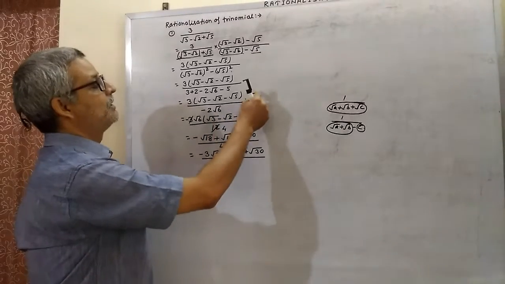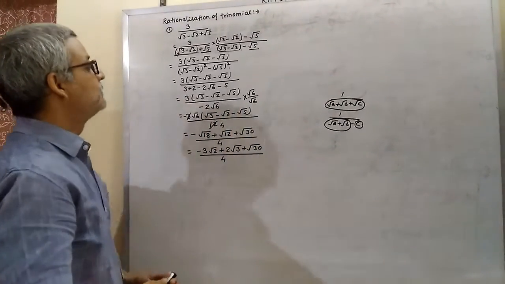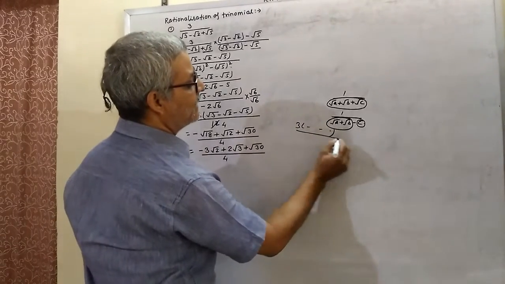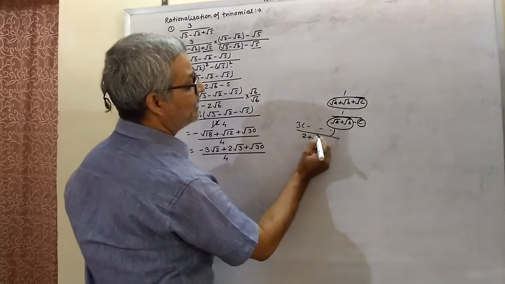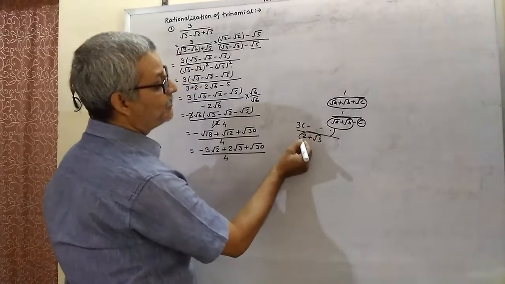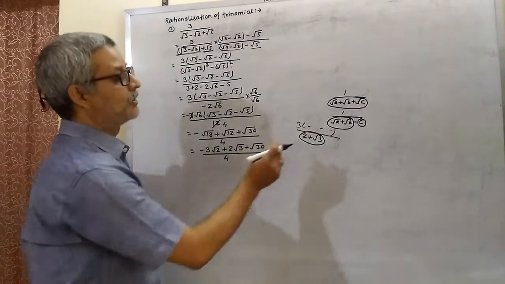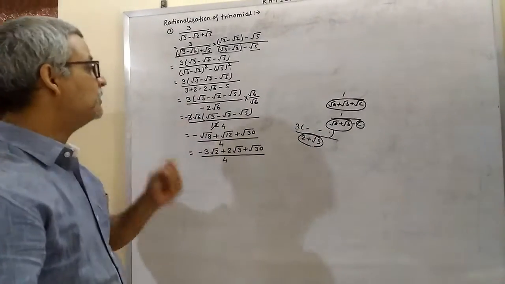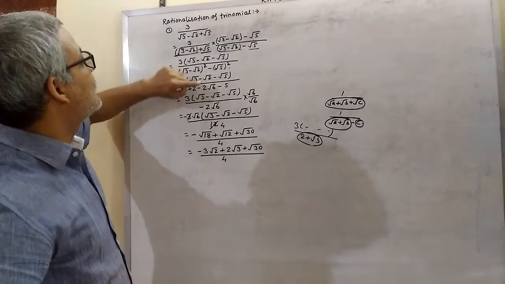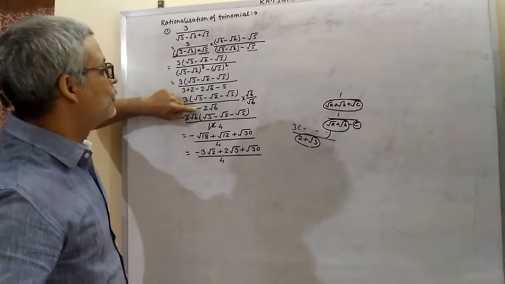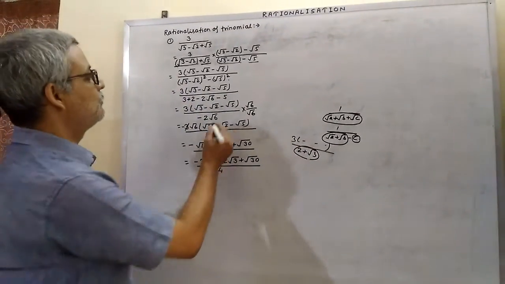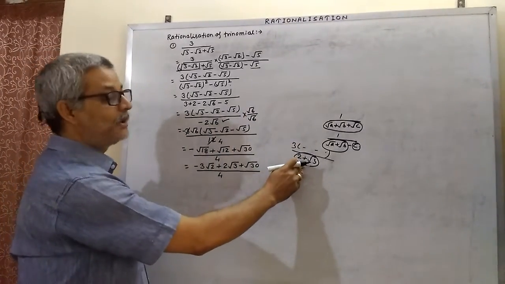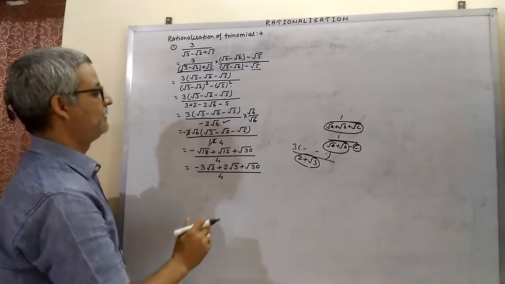Sometimes we will get this form: suppose 3 into something divided by 2 plus root 3, then again we multiply with 2 minus root 3, because the conjugate of 2 plus root 3 is 2 minus root 3. So the first time we rationalize, we will get either a monomial or a binomial. If we get a monomial, then multiply with the monomial. If we get a binomial, then multiply again with the binomial conjugate.